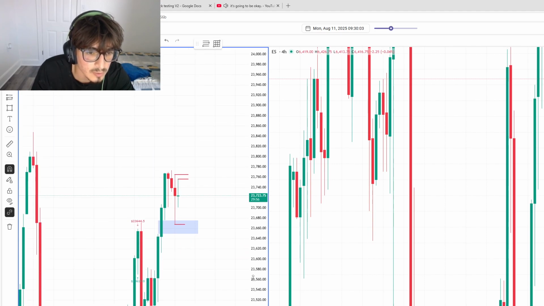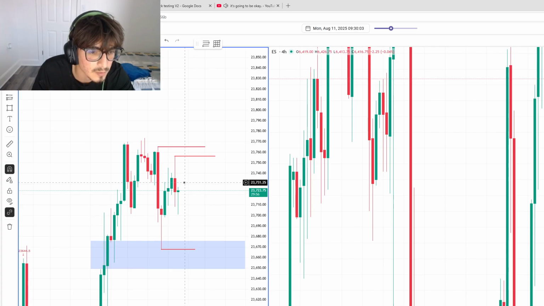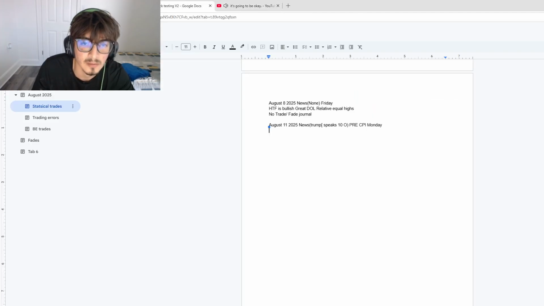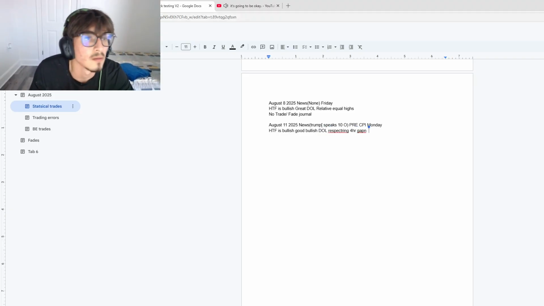We're expecting that 4 hour gap, looking like we're coming up higher. So yeah, we're looking for some longs. High time frame is bullish, strong, okay.